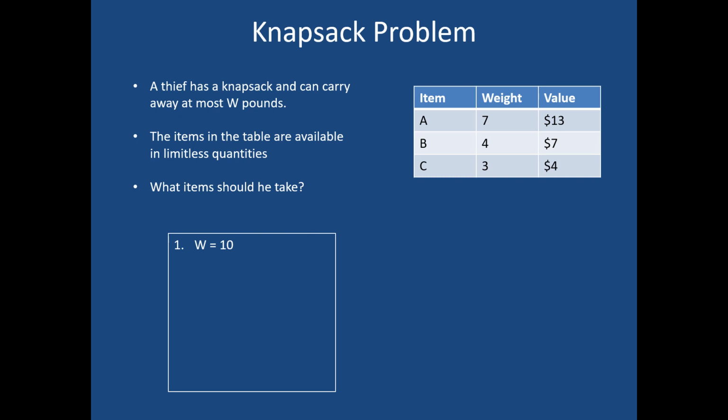We should take an A, that's 13, and then probably a C, so that would give you $17 worth of stuff. Okay? What about if W was 12? A and B would give you 20, but I can do better than that. 3 B's would give you 21.